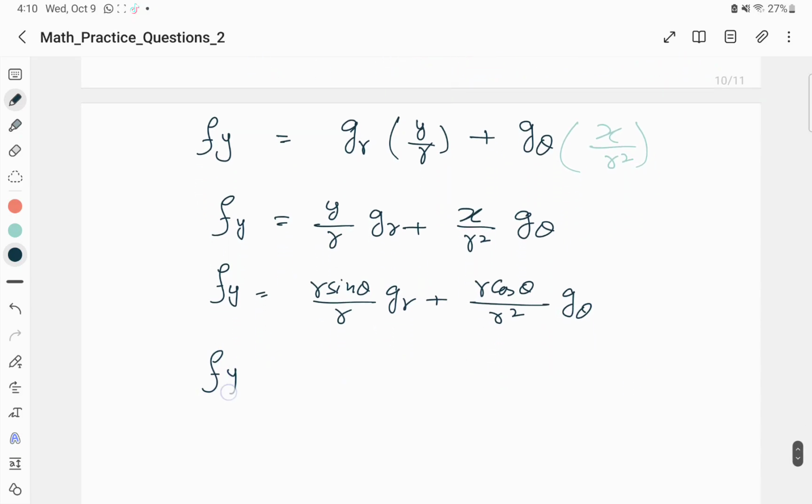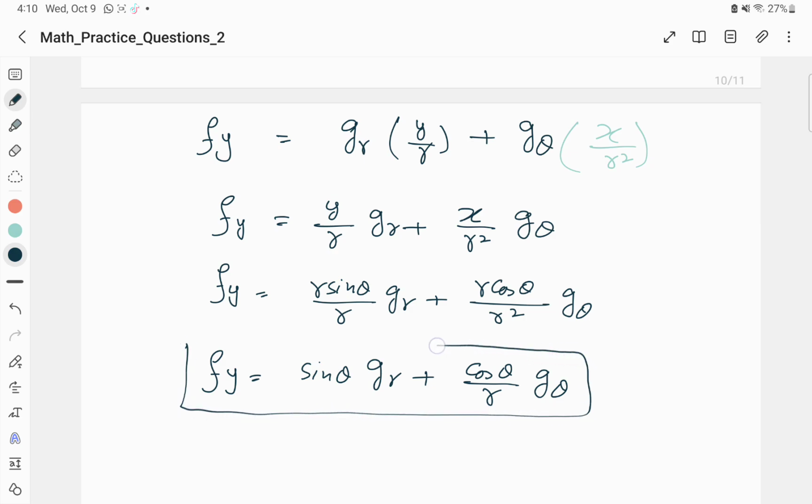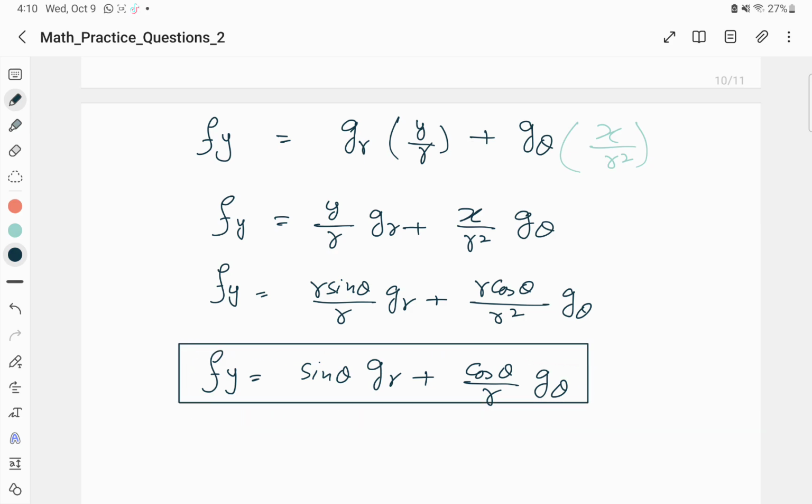So fy will be equal to sine theta g_r plus cos theta divided by r g_theta. So essentially this is in terms of r, theta and the partial derivatives of g.